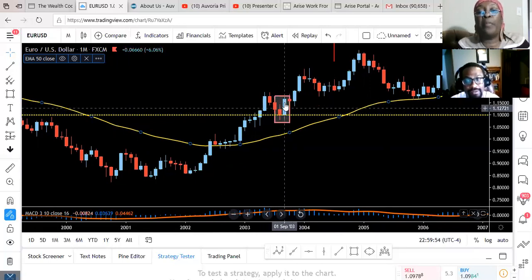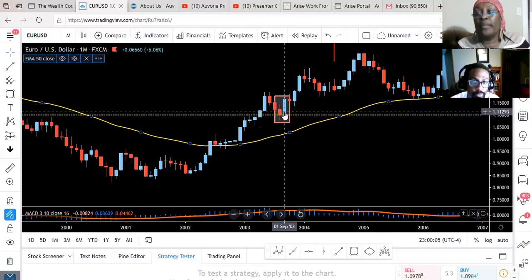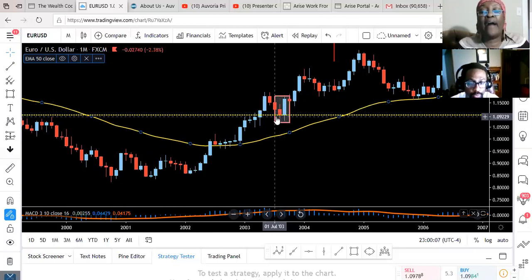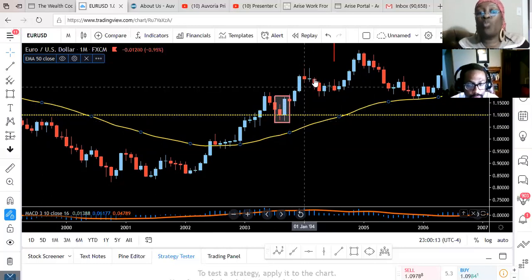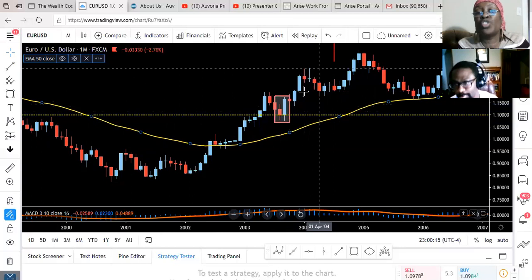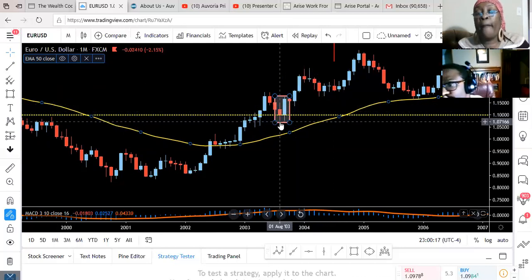The big candle, the one that's engulfing the small candle, determines the direction that price wants to go in. So if I have a bullish engulfing candle, what that tells me is price wants to move up.